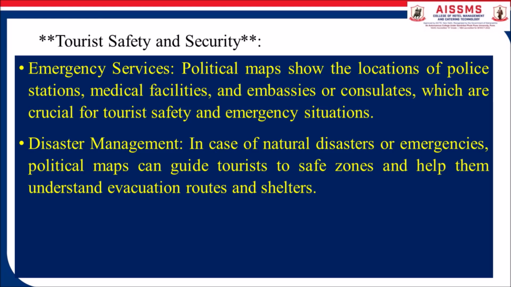As mentioned earlier, disaster management: in case of any natural calamity, disaster or emergency situation, the political map may guide the tourist to reach safe zones and help them understand the evacuation routes.